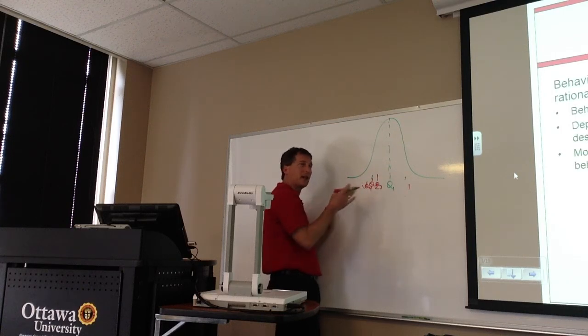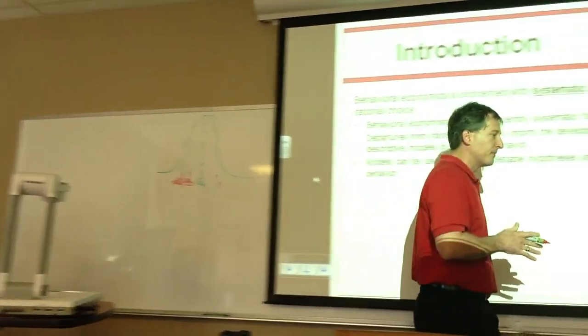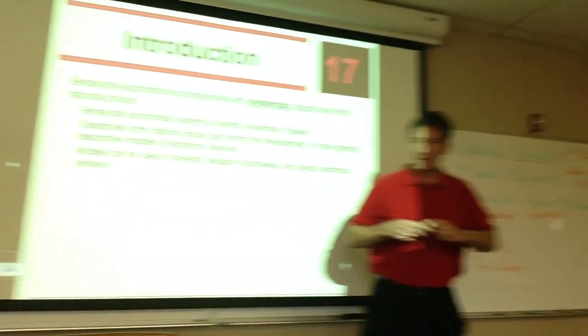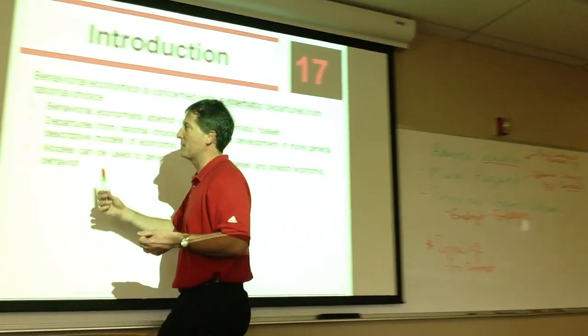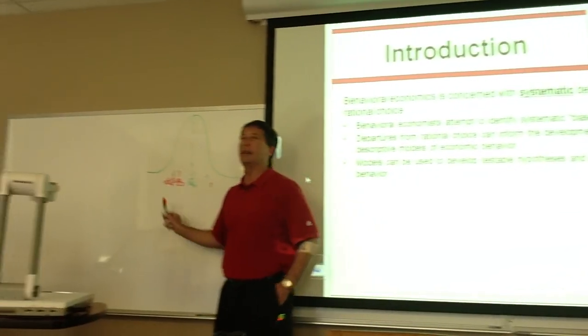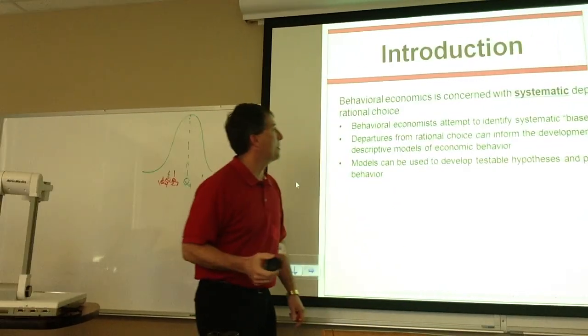So if we start to see stuff like that, then we know that, well, wait a second, maybe something else is going on. And so that's part of what allows us then to dig a little deeper. If we start seeing behavior that is consistently over here, we need to dig a little deeper and say, why? Why is that happening?